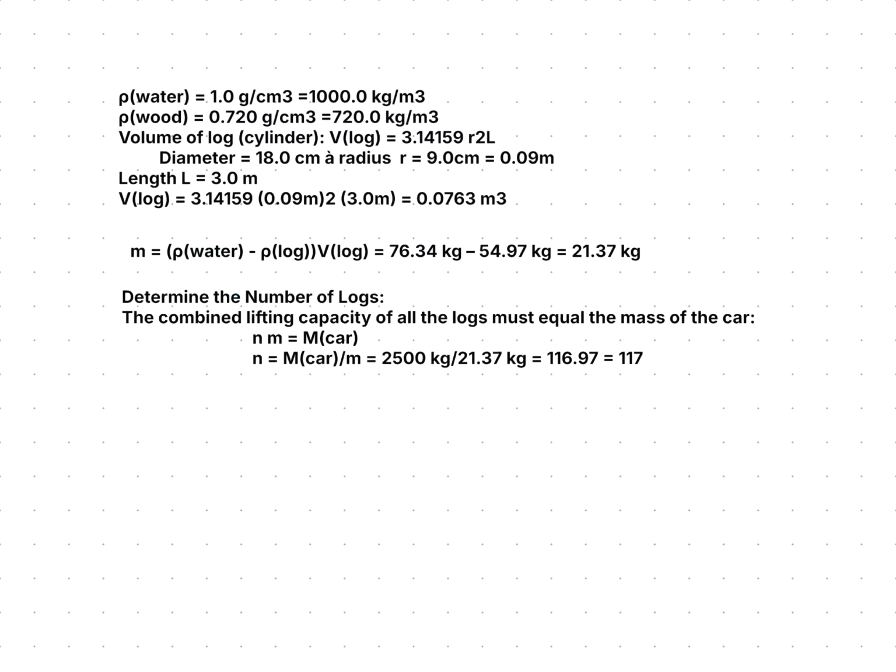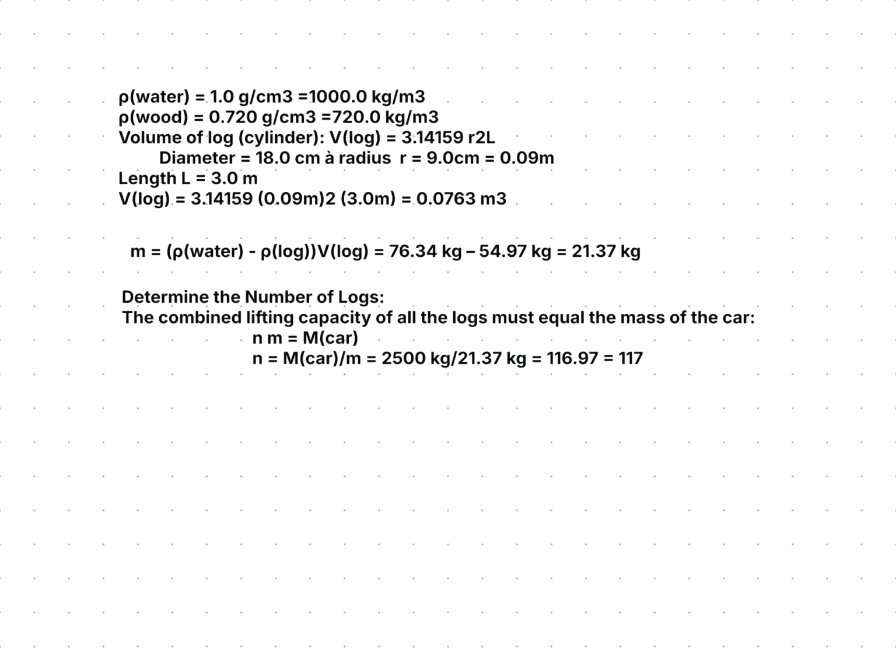Because the number of logs times the maximum load per log must equal the mass of the car, you can find the number of logs needed is 116.97. Since we cannot use a fraction of a log, we round up to 117.